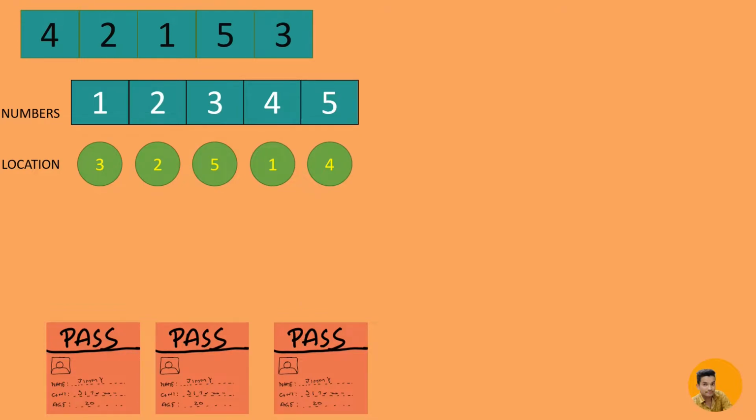Now before swapping comes, I want to tell you that we are not going to rewrite the location, as you may think that after swapping we rewrite the location. That is not what we're going to do.